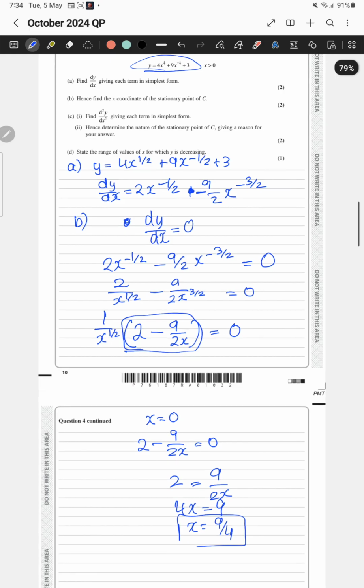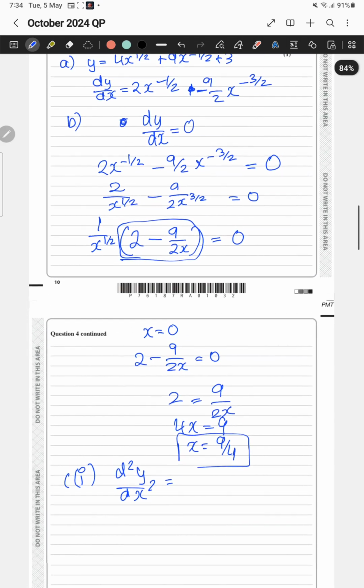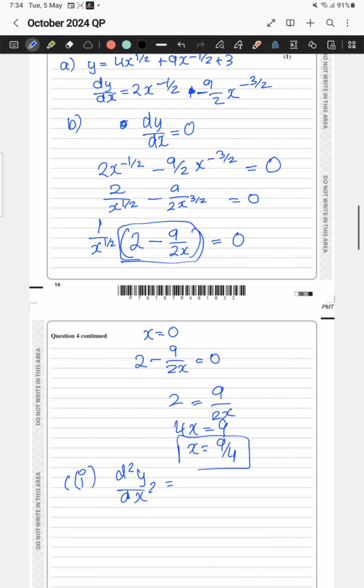Now part C (i) says find d squared y over dx squared. Basically now we have to find the second order derivative, so this is going to be like dy over dx just one more time.